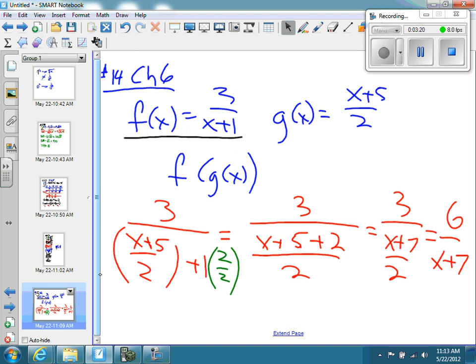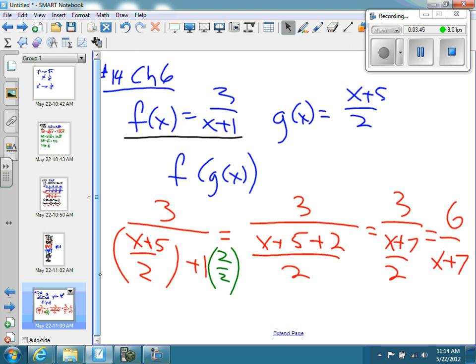But I don't have f of x. I have f of g of x. So I need to find out what value will make g of x equal to -1. Because if g of x is equal to -1, I cannot have f of g of x.